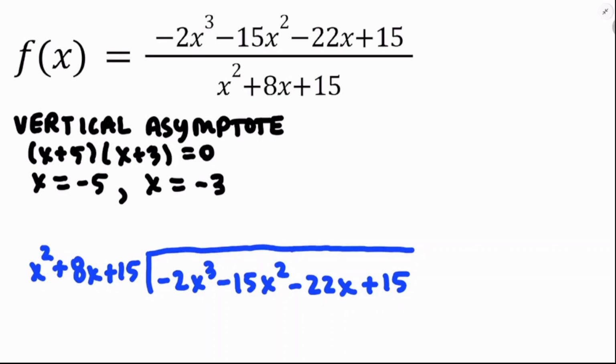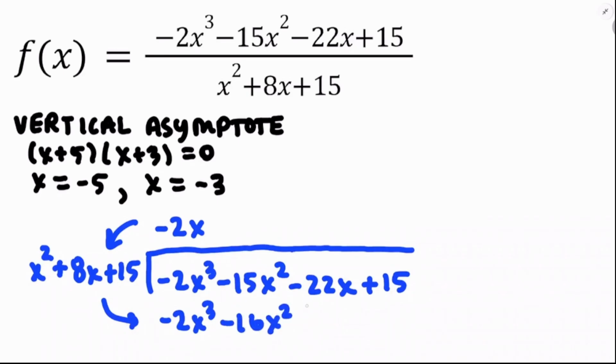Okay. Now I'm asking, what do I multiply x squared by to get negative 2x cubed? That would be negative 2x. So I multiply the negative 2x over this whole divisor and get negative 2x cubed, negative 16x squared, and negative 30x.